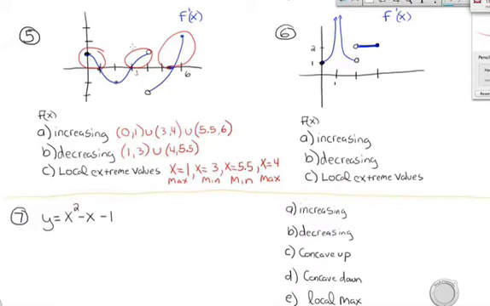And so what do you think on the graph is happening at 4 to make the derivative undefined and to give us a maximum? And you'll notice that my slopes, as I approach 4 here, are getting closer and closer and closer to 1.